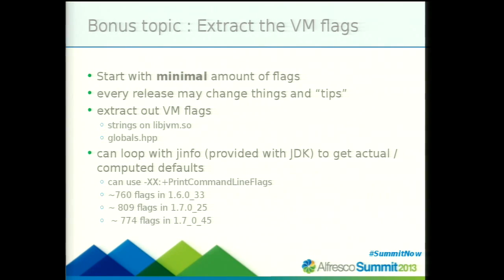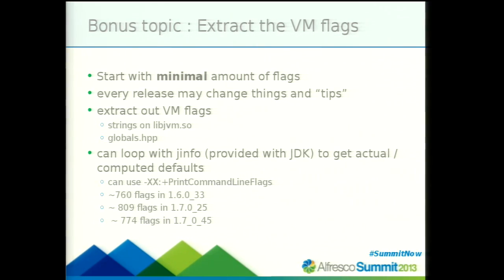So you can drop all the flags and just start with a very minimal amount of flags. Obviously, you want to size them properly. So the very minimum is giving it a decent amount of memory, depending on the use case. But for the rest of it, there's not much tuning to do, maybe choosing a GC, etc.